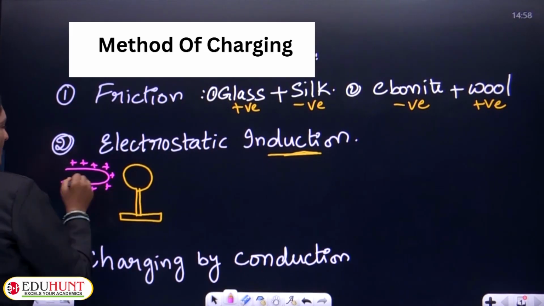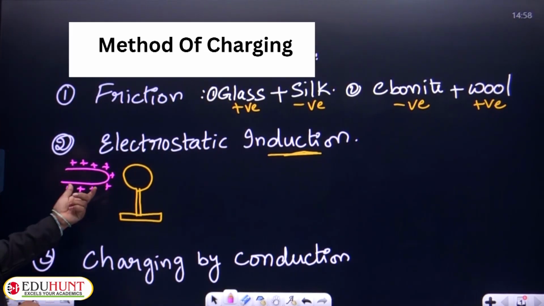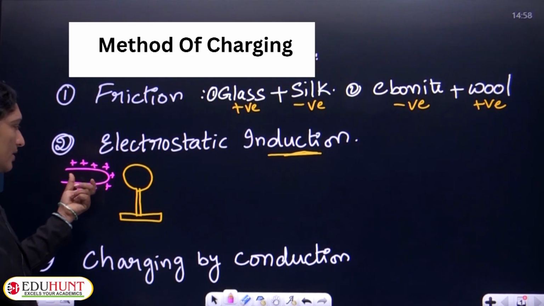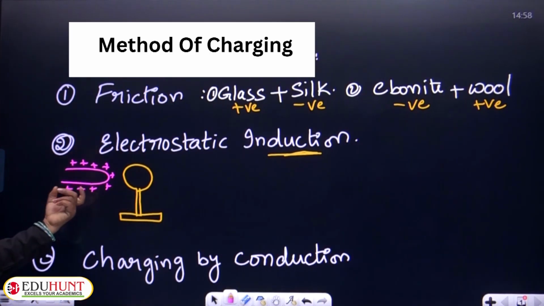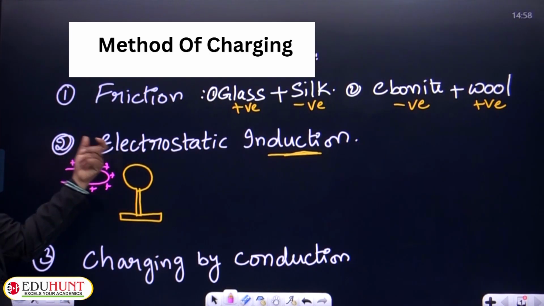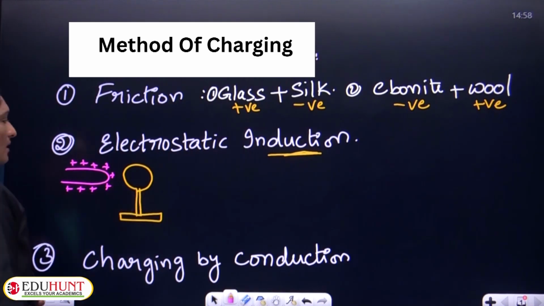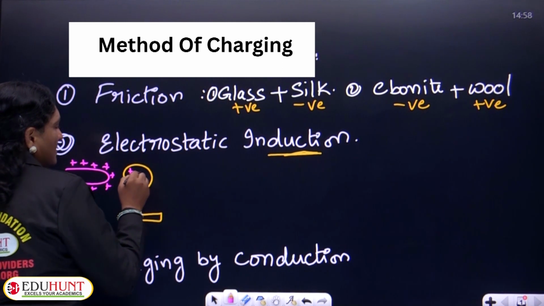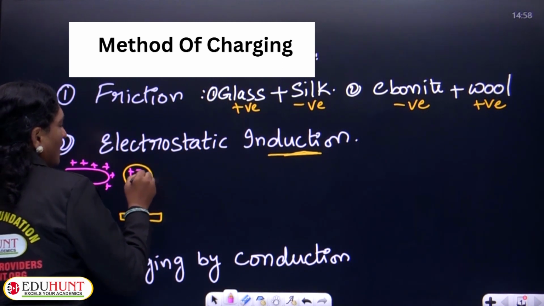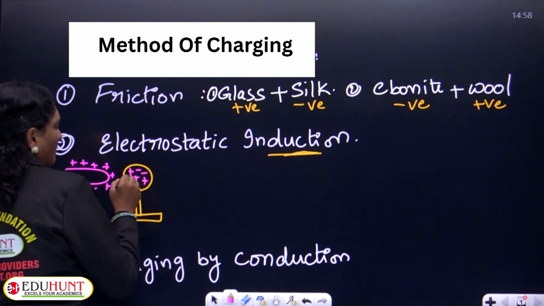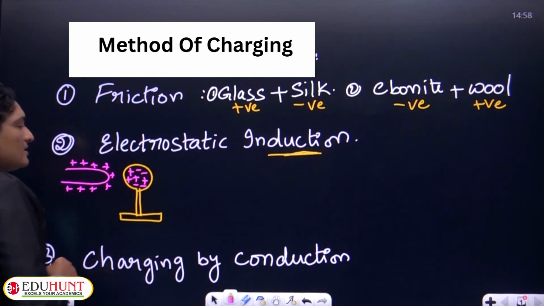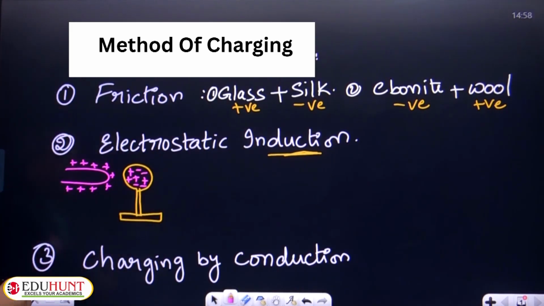This is your first body and this is the second body. In this example, I have considered a positively charged body which is brought nearer to an uncharged body. This uncharged body consists of an equal number of protons as well as electrons, the same number of positive charges as negative charges.